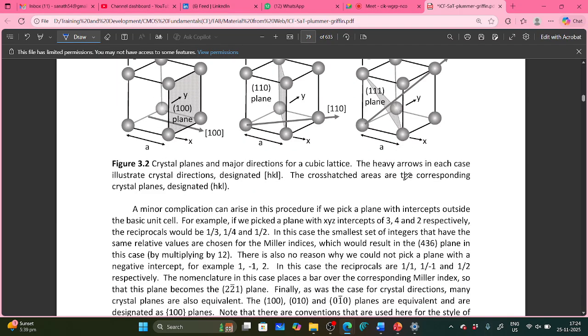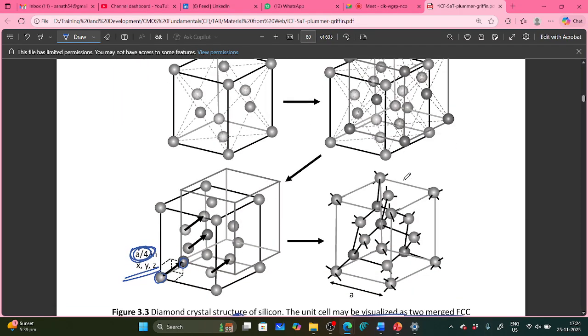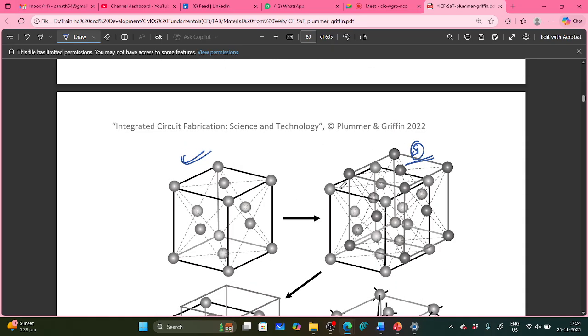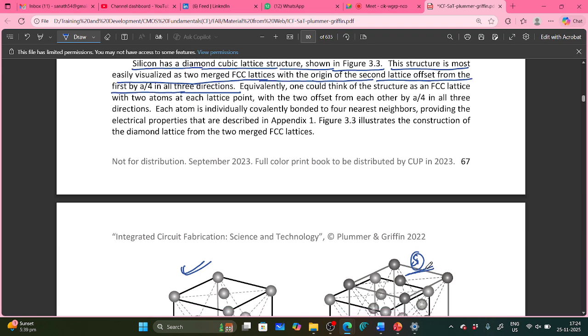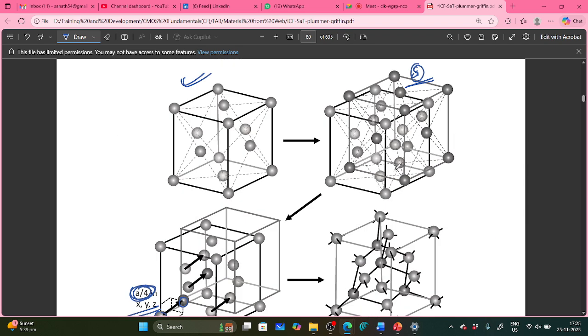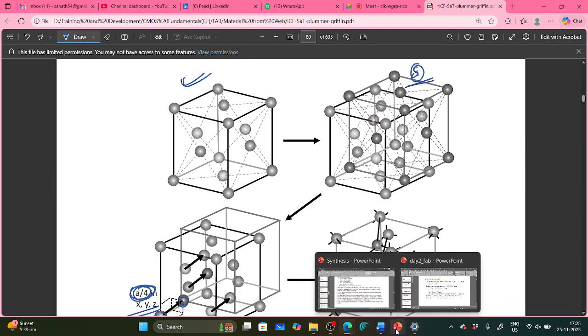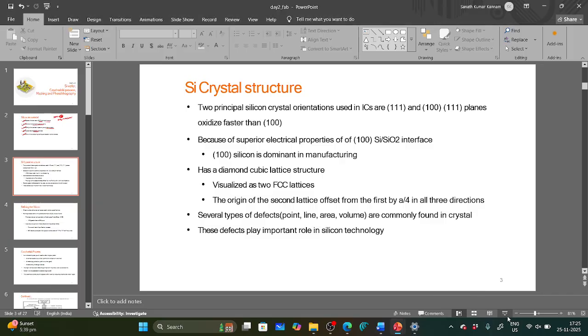To visualize the silicon structure, it is two FCCs merged together, and the origin of the second lattice is offset from the first lattice by A by 4. Okay, I'm going through the PPT. Hope you understood.